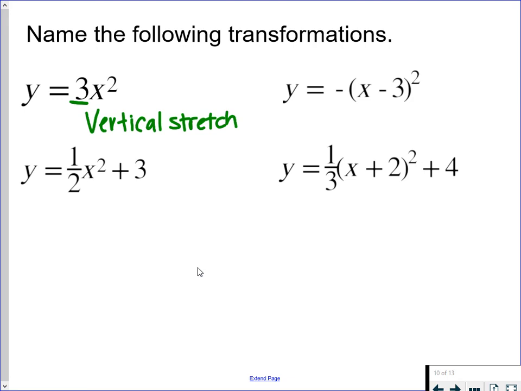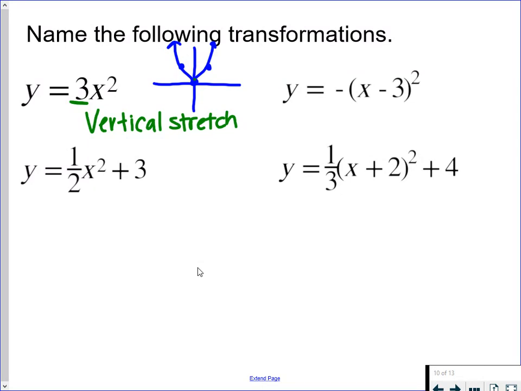It's making it narrower. Okay, so if you think about it, on the graph, if this is normally x squared, we would take every single y value and multiply it by 3.